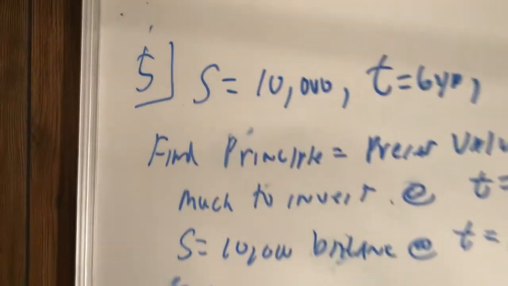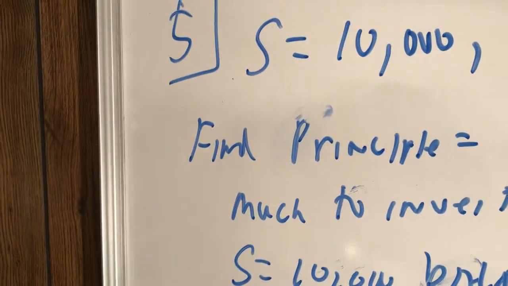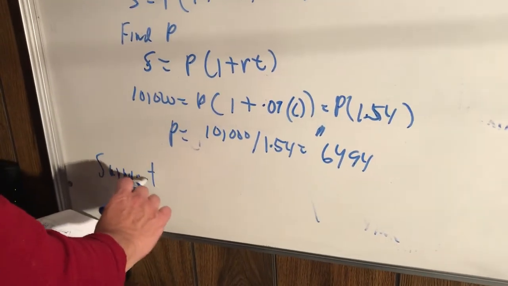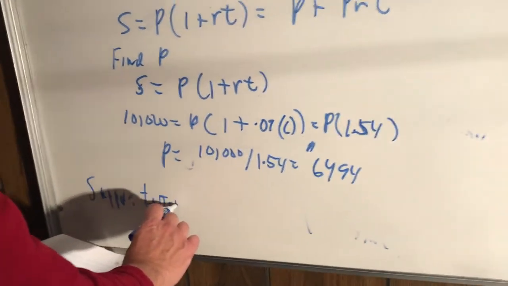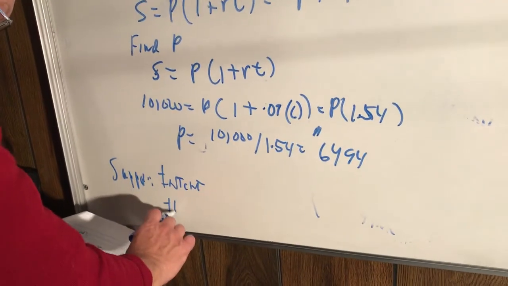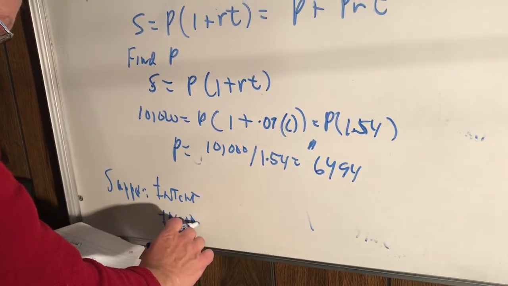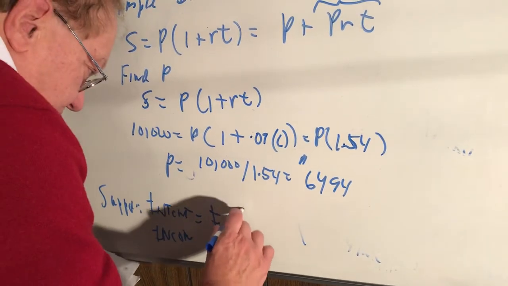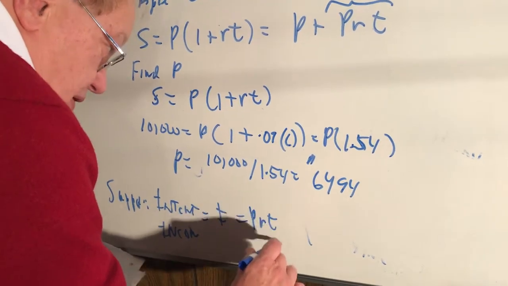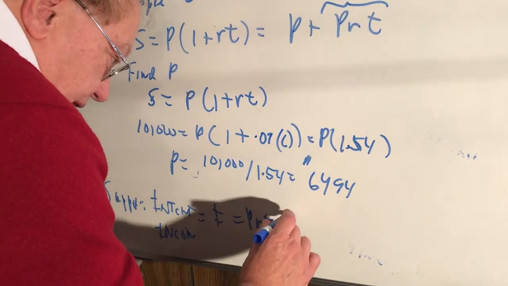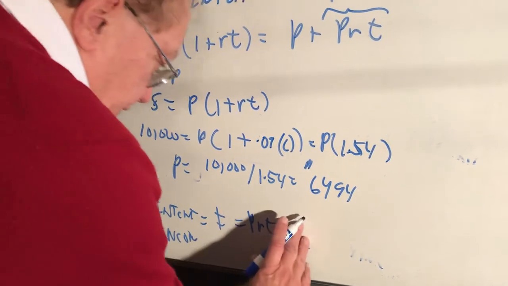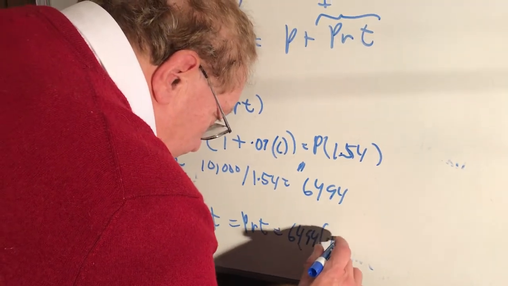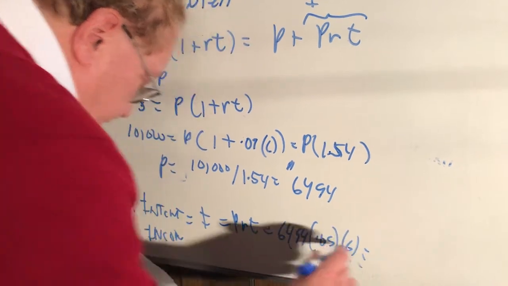Suppose they asked for the interest income. Just suppose. I didn't do that here. So the interest income, that's I. That's PRT. That's 64.94 times 0.09 times 6.